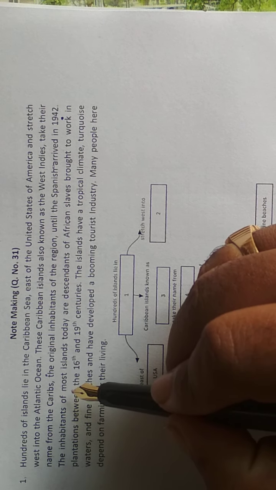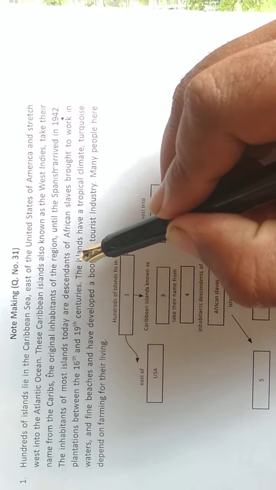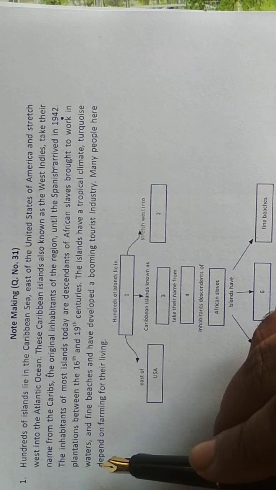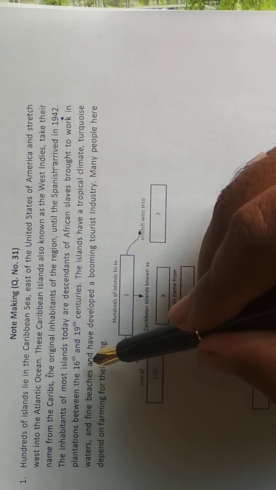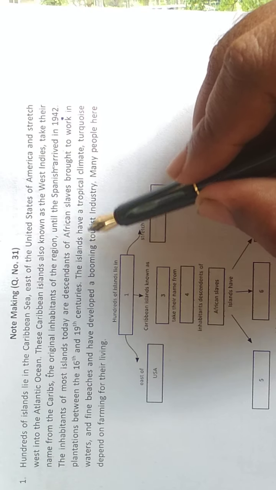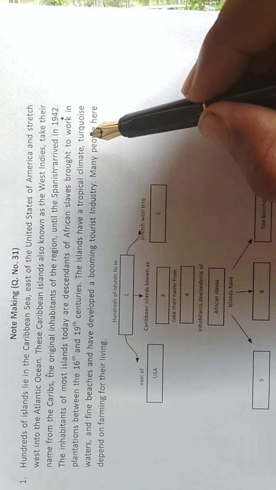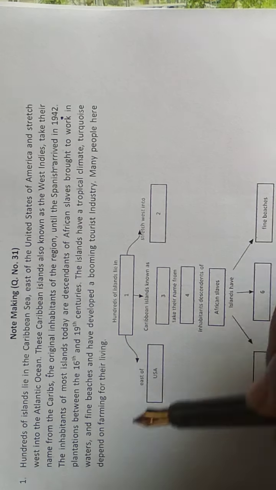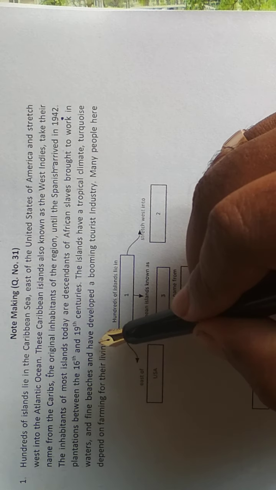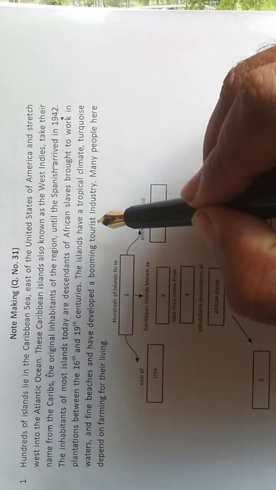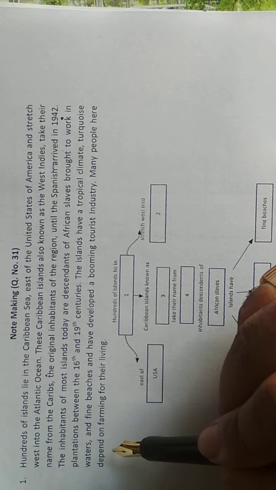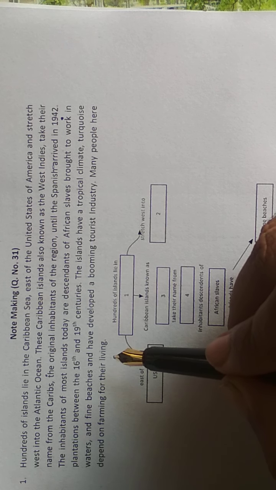The inhabitants of most islands today are descendants of African slaves brought to work in plantations between the 16th and 19th centuries. The islands have a tropical climate, turquoise water, and fine beaches, and have developed a booming tourist industry. Many people here depend on farming for their living.